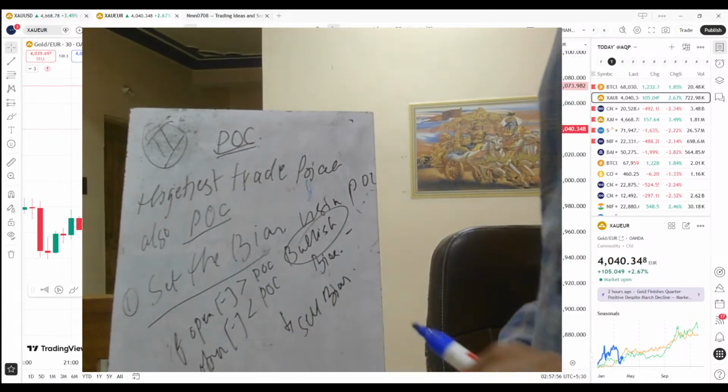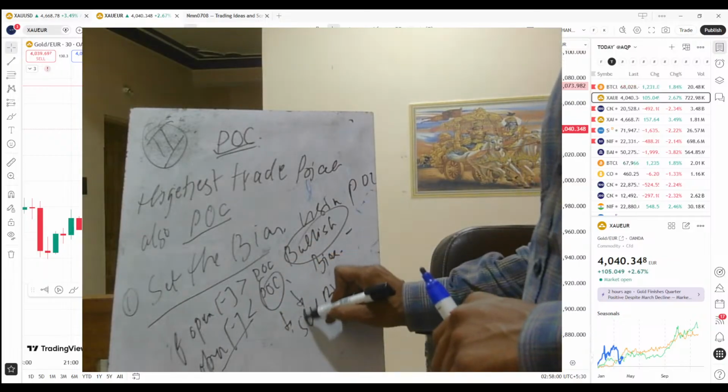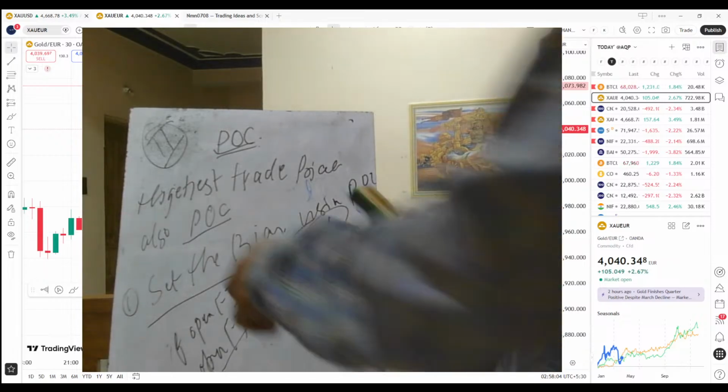Simple. Or if it is opening below POC, that means it's sell bias. Some sellers are there.